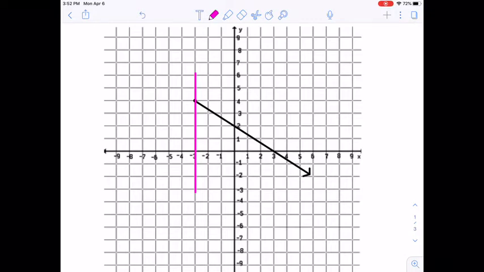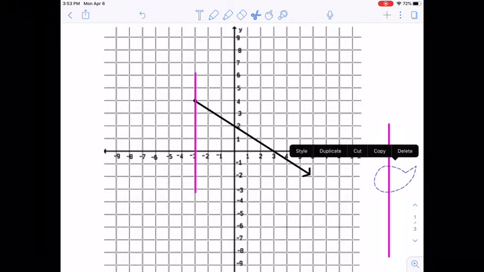That's as far left as it goes. How far right does it go? Because it has an arrow on the right side of this ray, it means it's going to continue to move towards the right forever. So we would say that it's going to keep on going up to positive infinity.